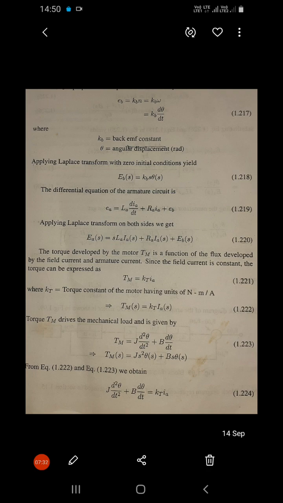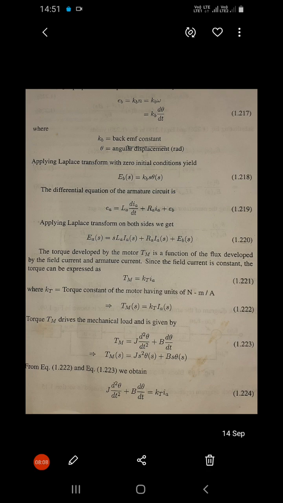Now this torque T_m drives the mechanical load. The torque T_m developed by the motor has to overcome the inertia and friction of the motor shaft. That's why we can write T_m equal to J into d2 theta by dt2 plus B d theta by dt.